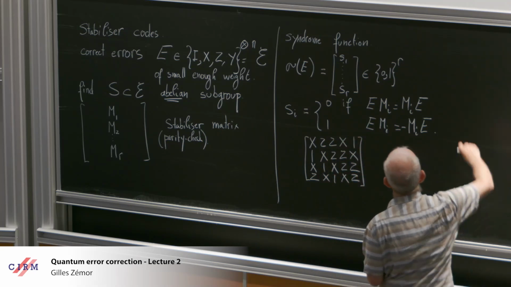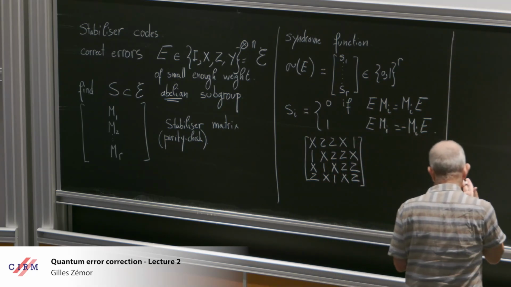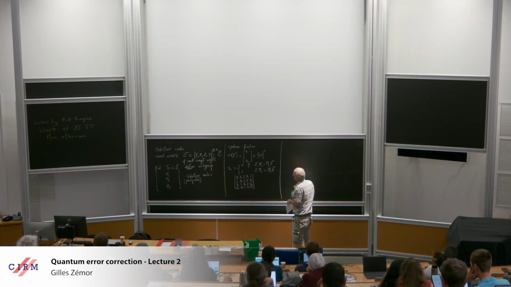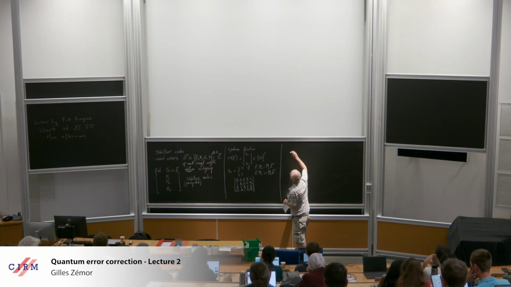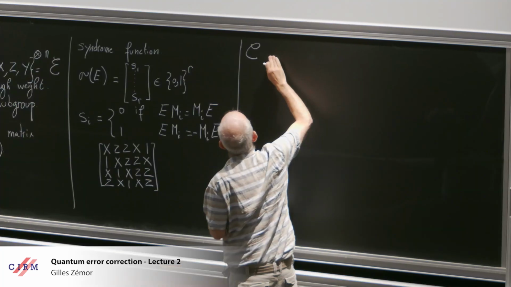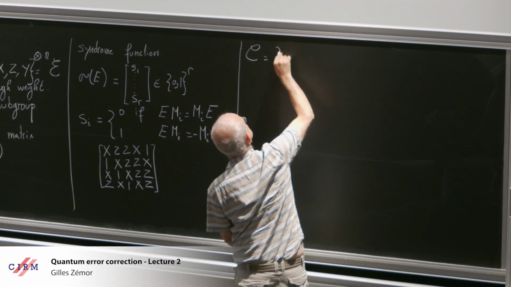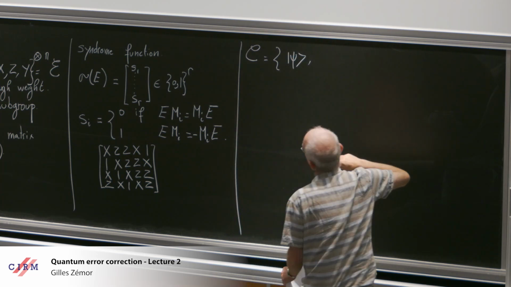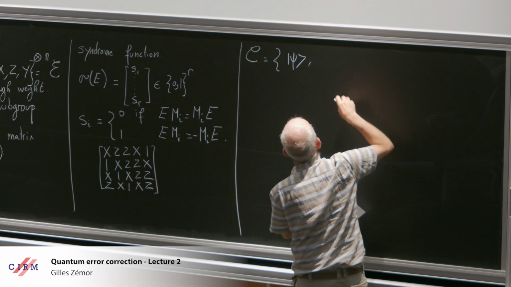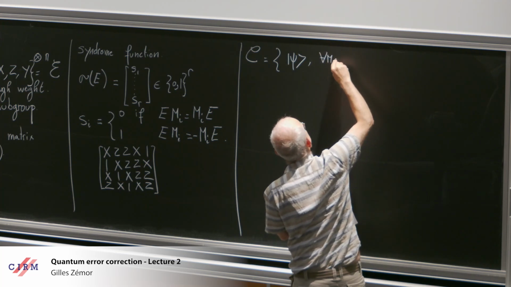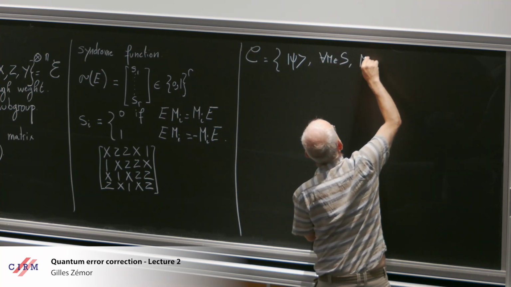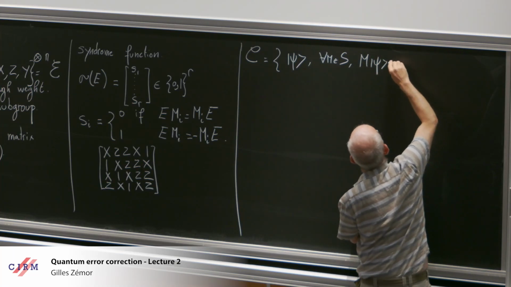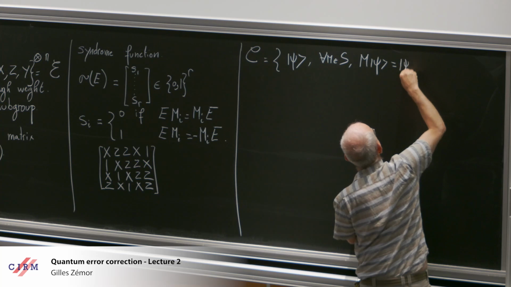So now what is the space of encoded states, the code, if you want, C? It's the space of states psi that are stabilized by S, such that for any M in the stabilizer group, M applied to psi equals psi.